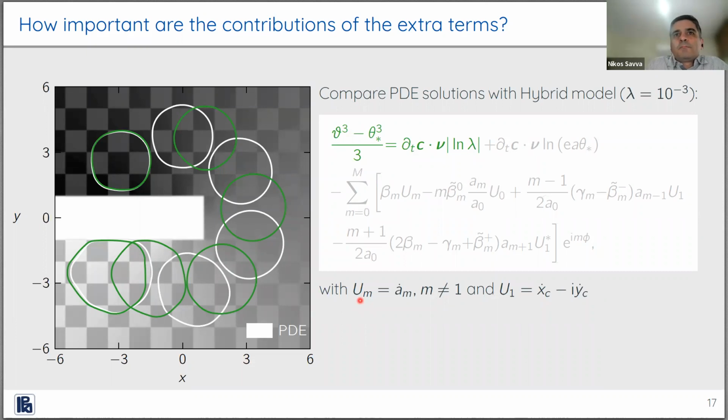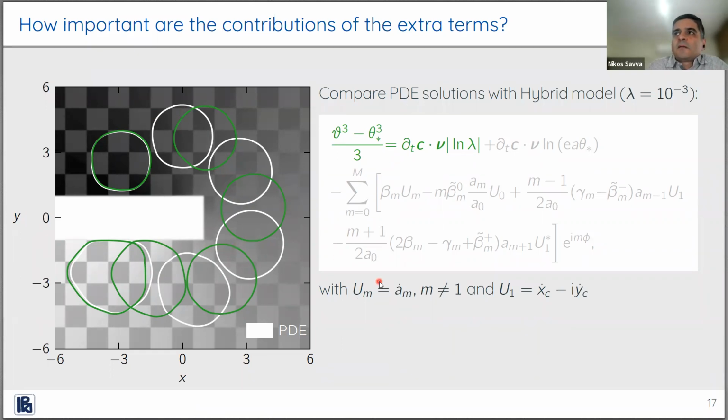First of all, here I'm showing some snapshots of the evolution at different times, and we see that if we just include the model from Lacey in the 80s, there's a huge discrepancy in the way the droplet behaves, and actually we see that the droplet moves considerably faster than it should. The white is the PDE, and the green is the prediction of Lacey's model.